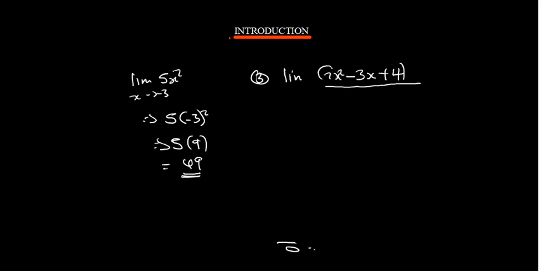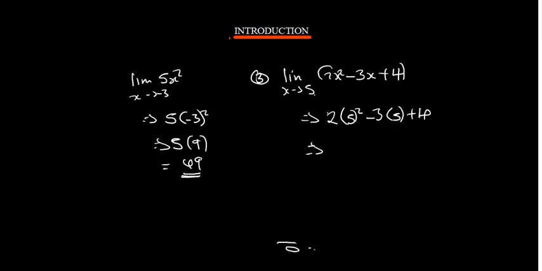What you do for this one is just direct. When you see a cubic function or a quadratic, this is a quadratic by the way, the moment you insert, you forget about the limit. So I'll say 2 open bracket 5 squared minus 3 open bracket 5 plus 4, like that.